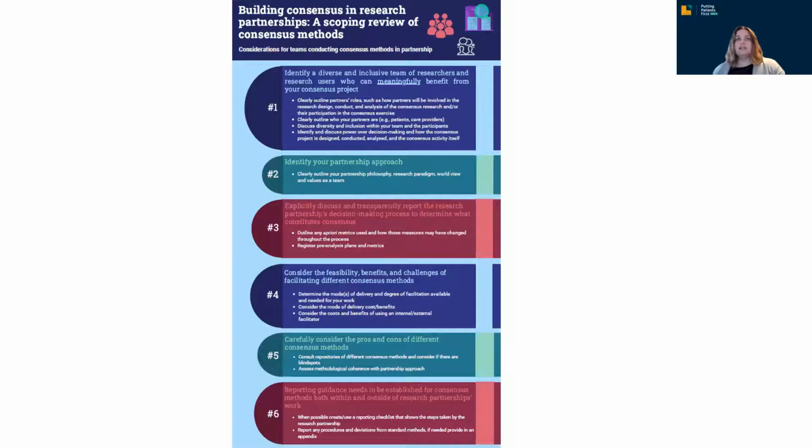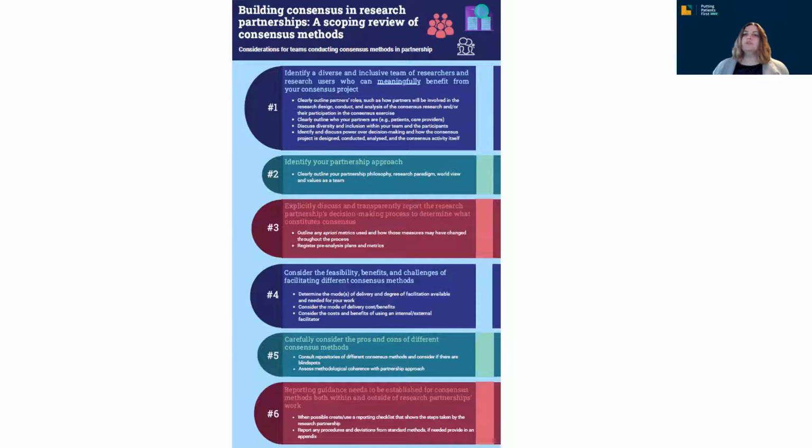Next, explicitly discuss and transparently report the partnership's decision-making process. So what I mean by that is, how did you decide what consensus is? How did you decide what partnership you were going to choose? Really outline those decision-making processes. And then next, consider the feasibility, benefits, and challenges of facilitating different consensus methods.